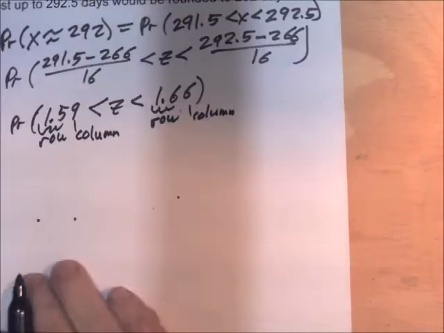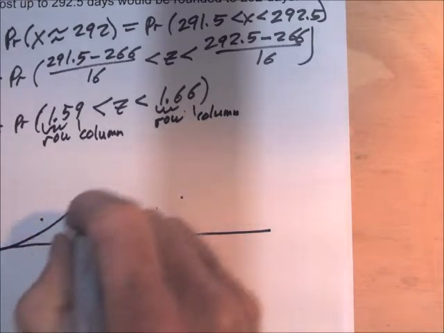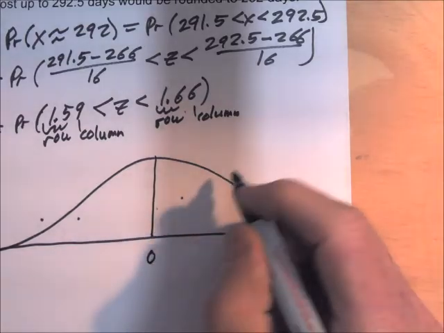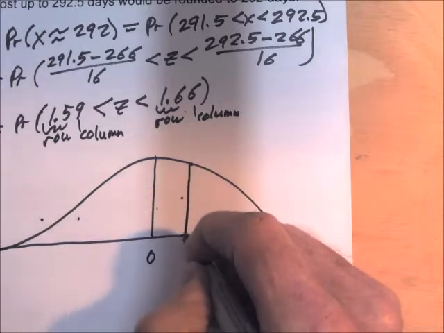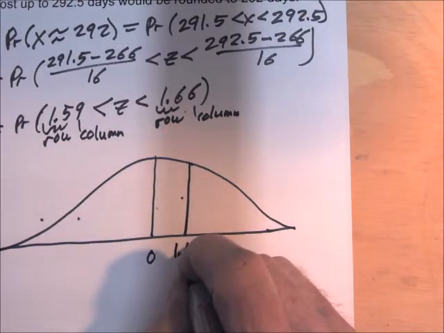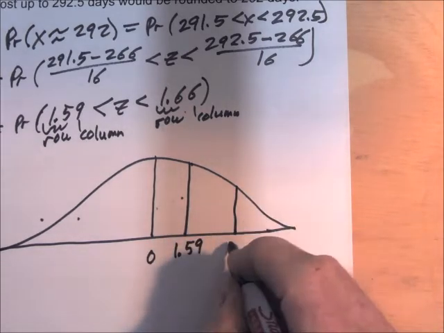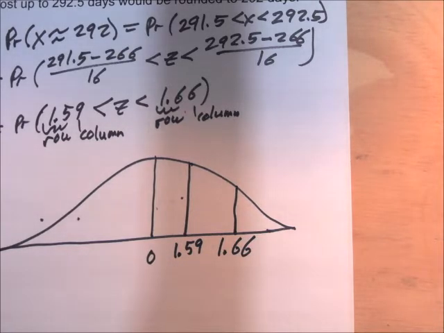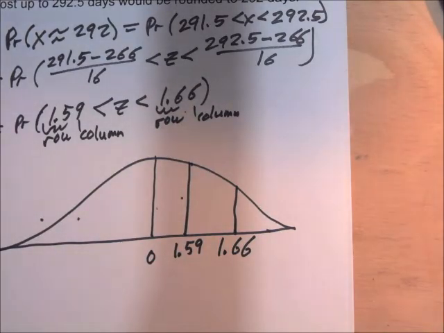Okay, so I'll make a picture here. I'm going to exaggerate this. This is not going to be to scale, but I'll just exaggerate these intervals here. 1.59 and 1.66 are much closer together than what I'm going to draw them, but I think the graph is a little bit easier to see if I draw them very close to each other.